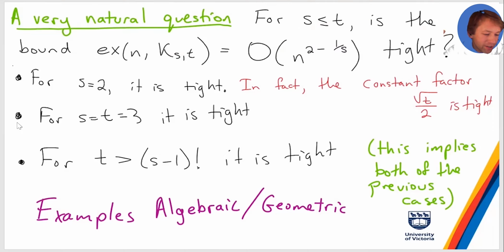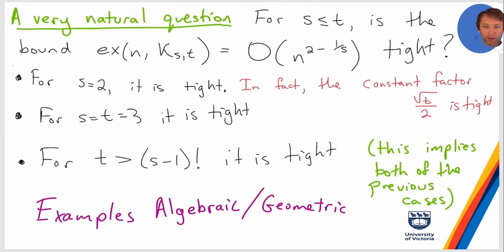A question then is, is this bound tight? Because if I can find a graph which doesn't have K_{s,t} and has almost this number of edges, then that'll be a good verification that we weren't very wasteful in this proof. If we can find a graph that basically matches this upper bound, then we'd be quite happy.